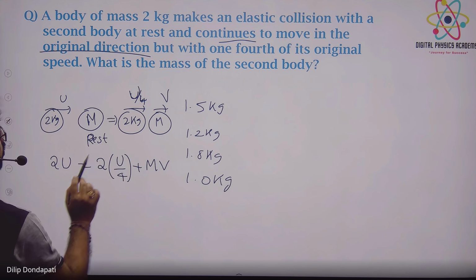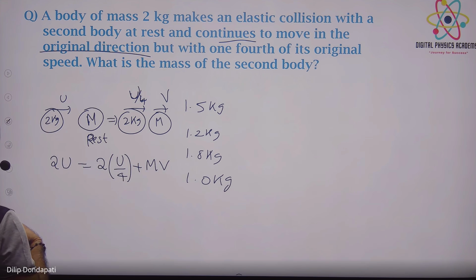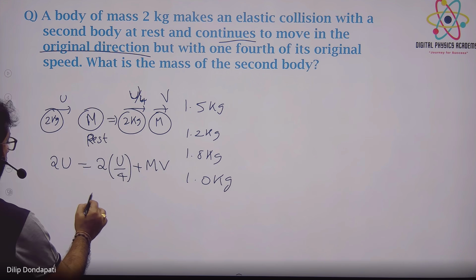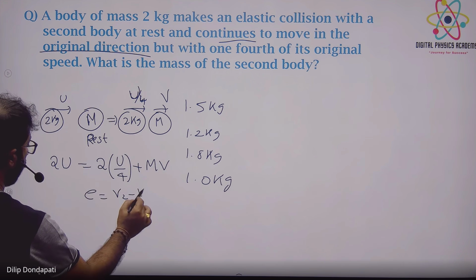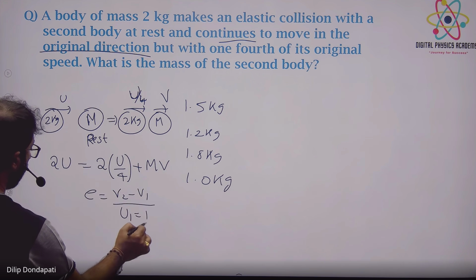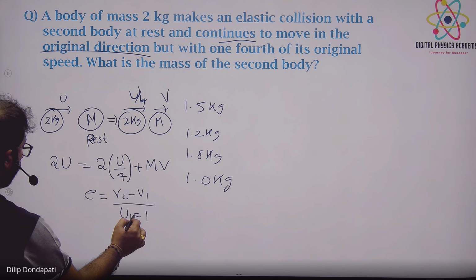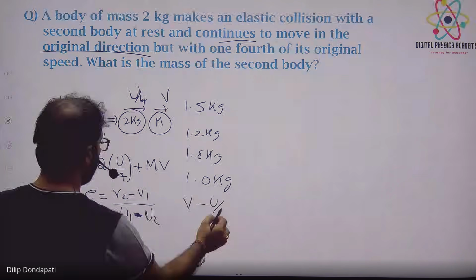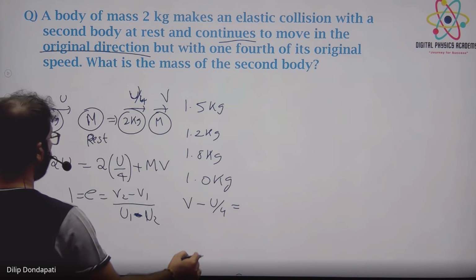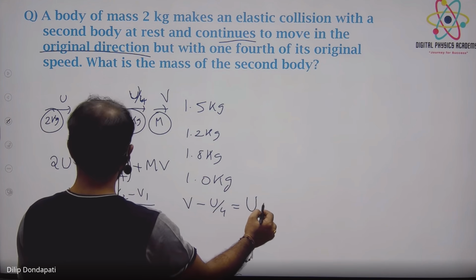Okay, now the second equation: e is equal to V2 minus V1 by U1 minus U2, with U1 minus U2 equal to U since U2 is 0.